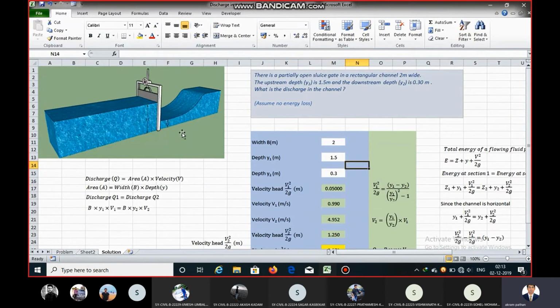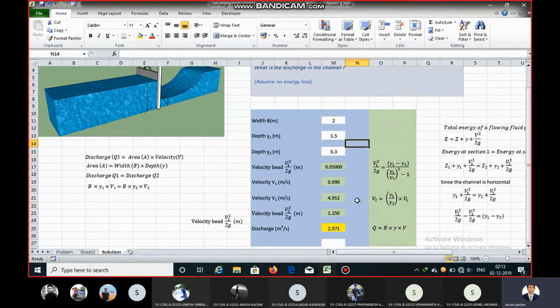Now you can also plot the graph. If we have all the sample calculations with the help of this program, you can plot the graph, because we have all the values: velocity V1, V2, velocity head and discharge. Then you can plot the graph of actual discharge versus velocity on the downstream side.